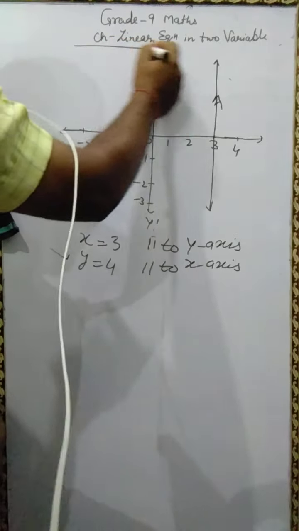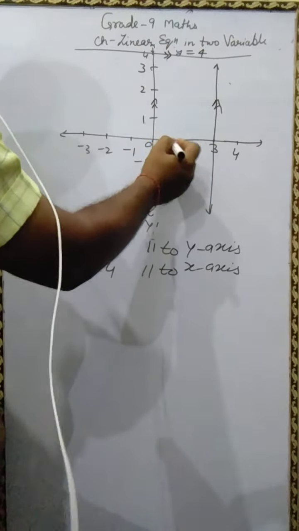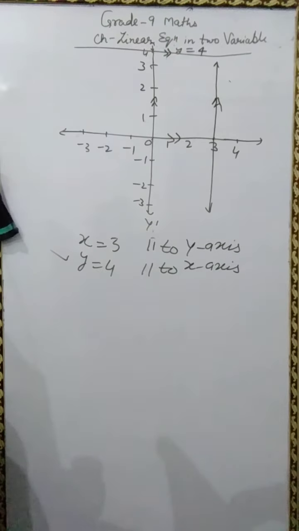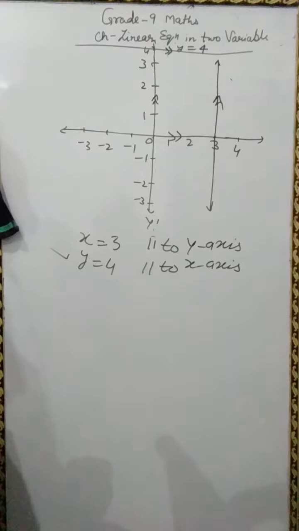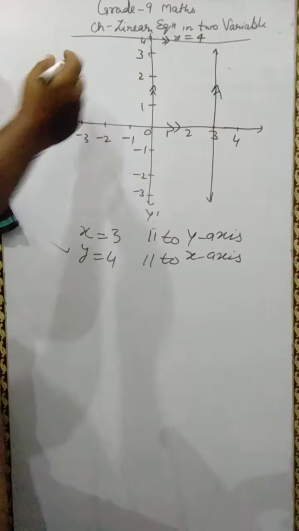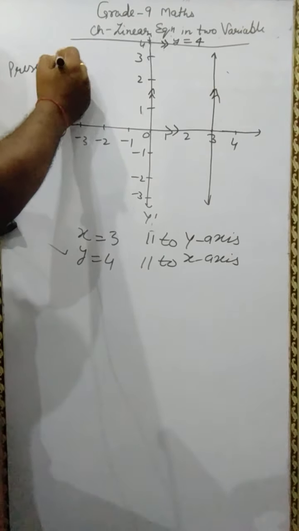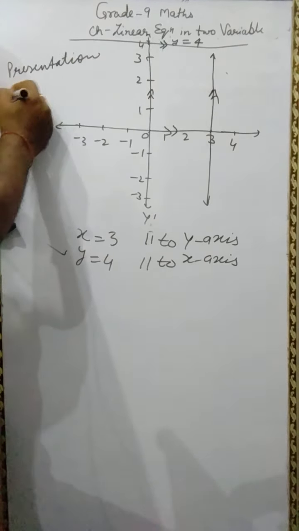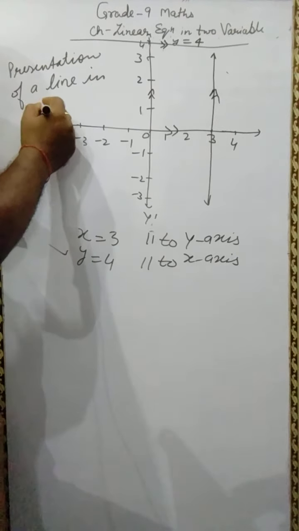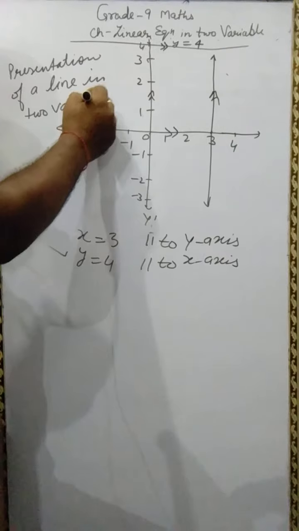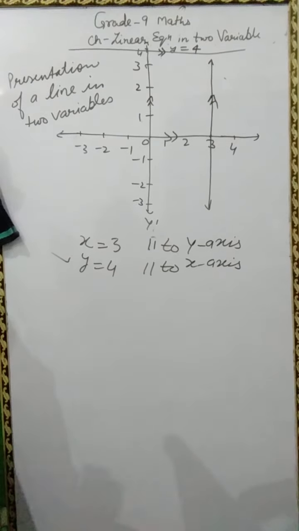This is the line y equals 4, and this line is parallel to the x axis, and this is also known as the presentation of a line in two variables. Right? So this is the concept.